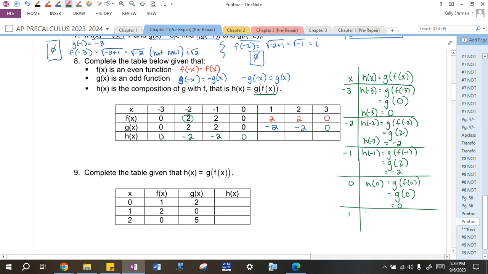Plug it in for 1. h of 1 is equal to g of f of 1. When x is 1, f is 2. When x is 2, g is -2. Plug in 2.